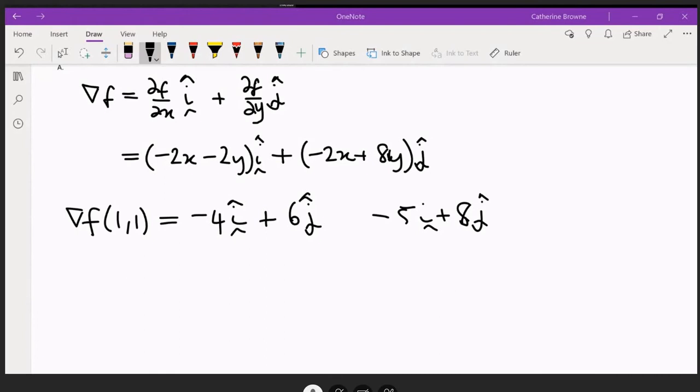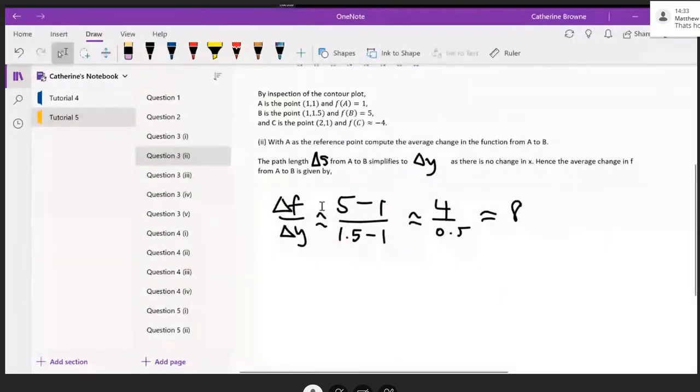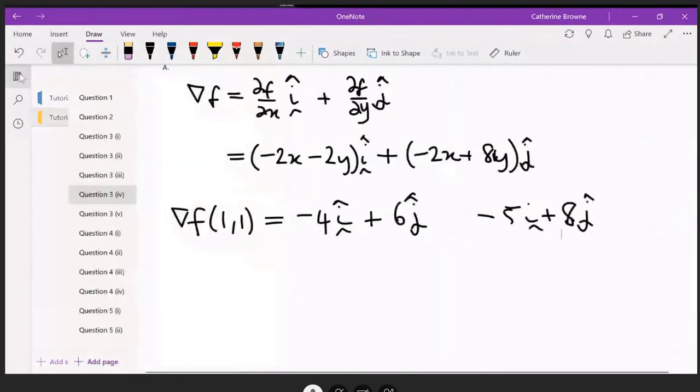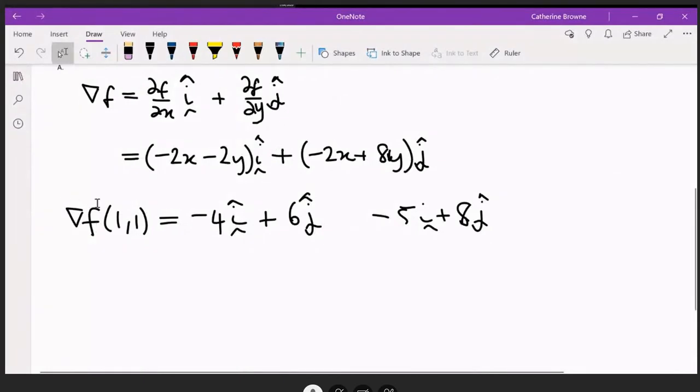I'm using the same notation that Michael Bridson has given me. When you're looking for the change in x and y, you've got it up this way, but then grad f uses the nabla, or the upside down triangle.